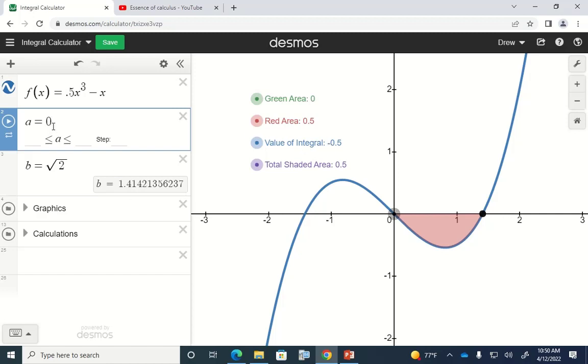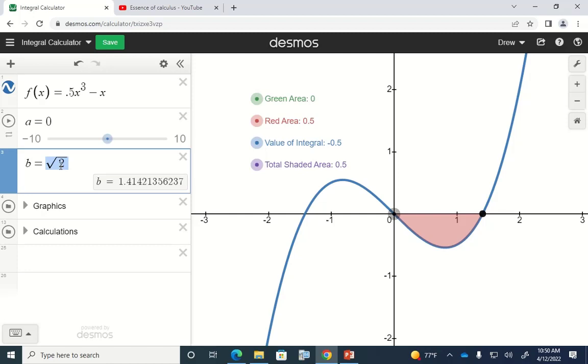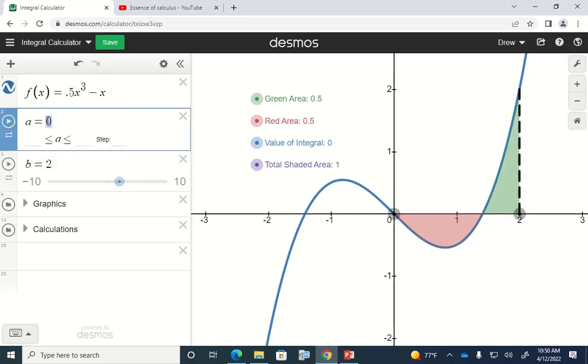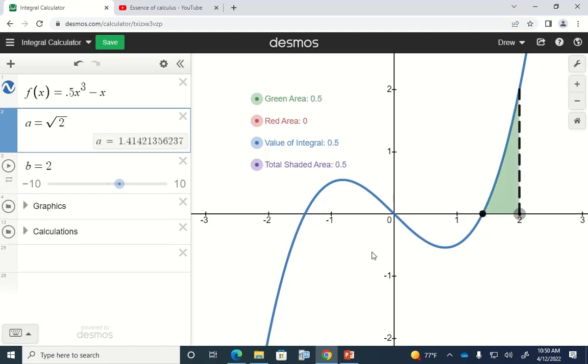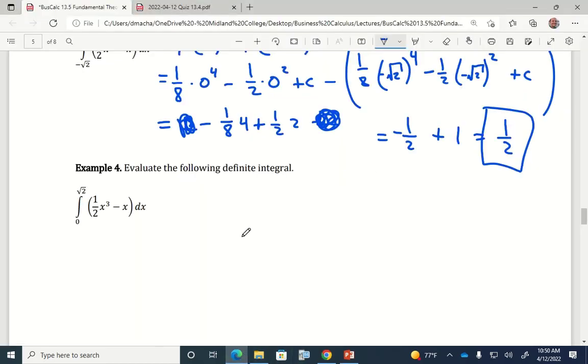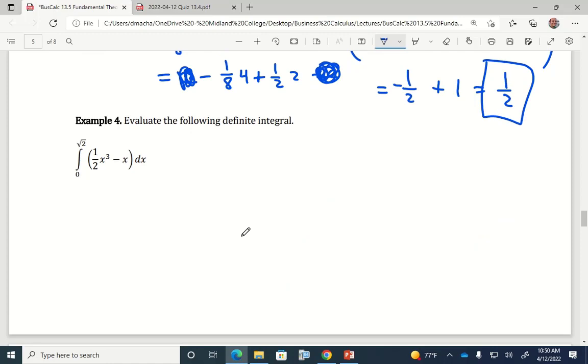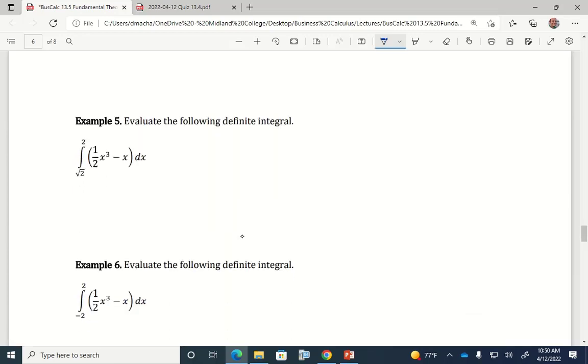And finally, if I make my upper bound 2 and my lower bound square root 2, I should have a value of positive half. So for my next few examples, this value should be negative half if you do it correctly. This value should be positive half if we do it correctly.